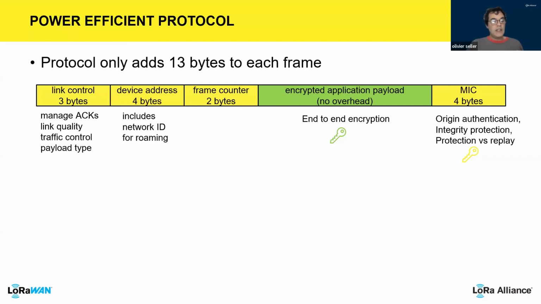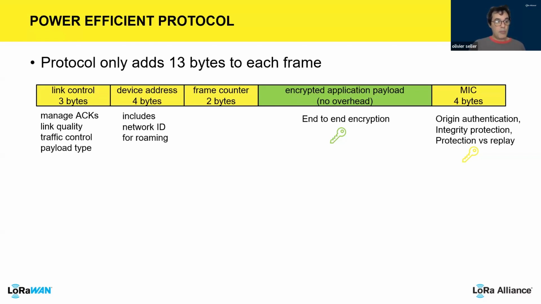So any gateway, any network that receives a frame, if the network ID field is not a match with that network, it can still try to forward or sell that message to another network server that will be interested in this message. So this is the basics of roaming. You get a message, from the address in the message you know its destination, therefore you can forward it to the right place.